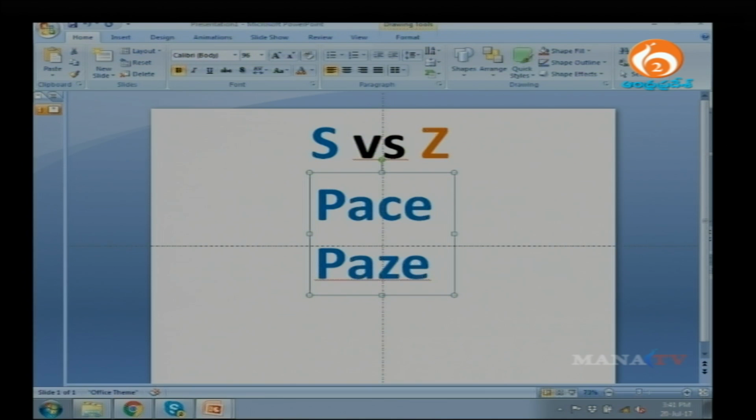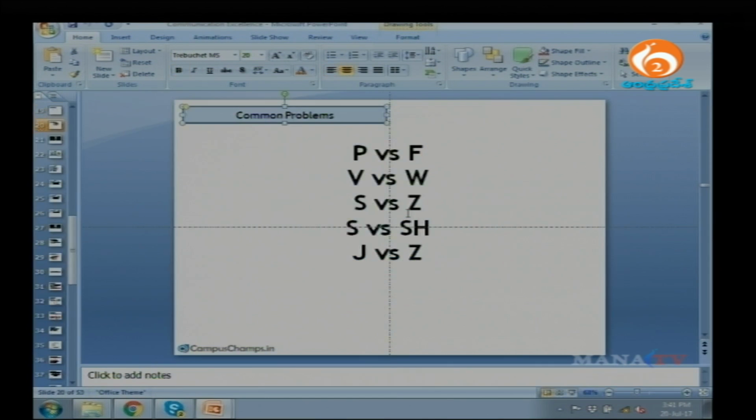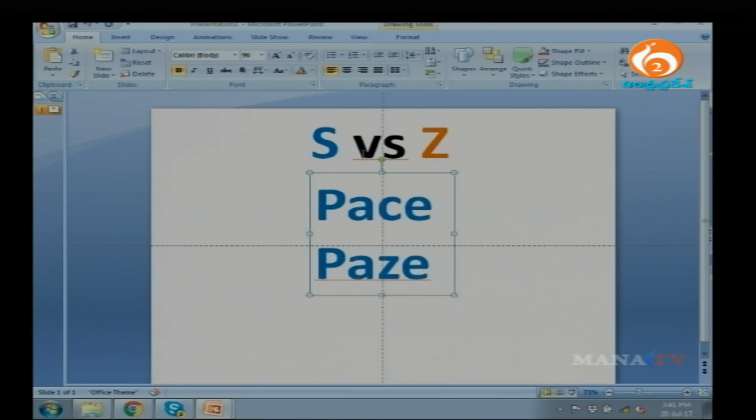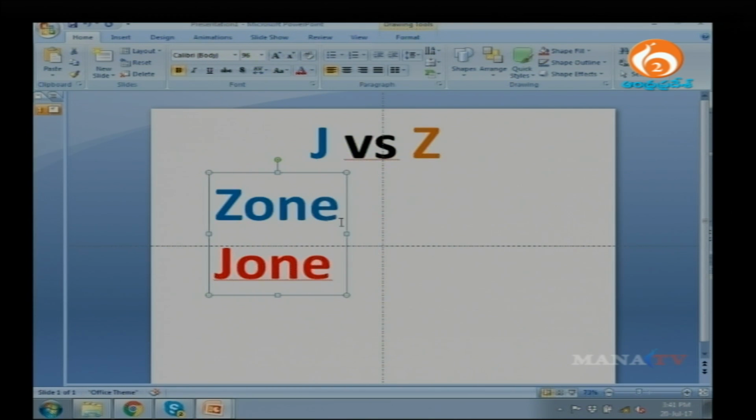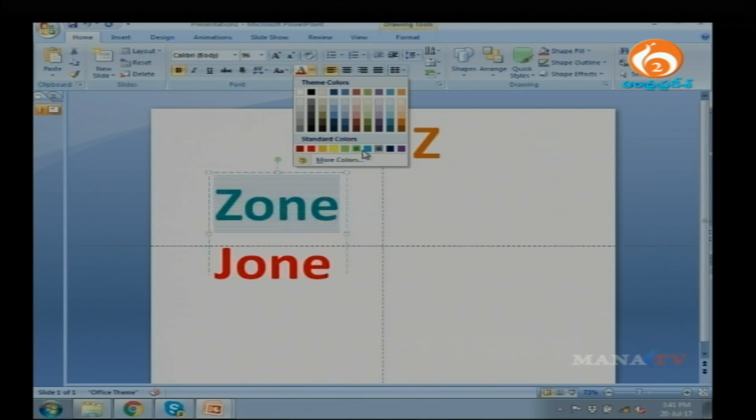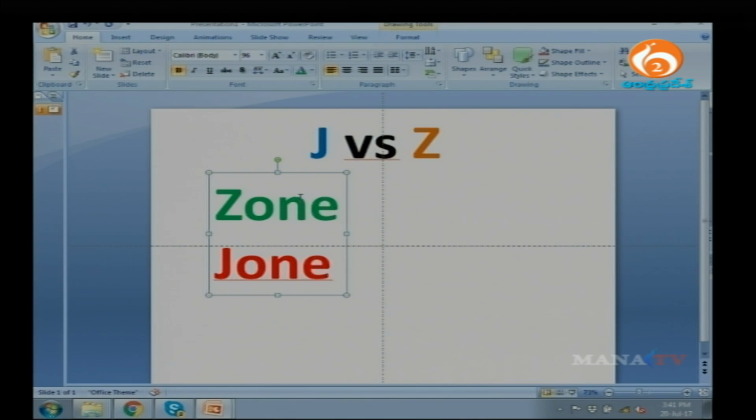So that's one common example that you will come across in a lot of people. But a bigger problem occurs between j and z. For example, if I have the word zone, they actually pronounce this as jone. Let me mark it in red, and this one let me mark it in green. So instead of saying zone, they say jone. Instead of saying page, they end up saying pays.